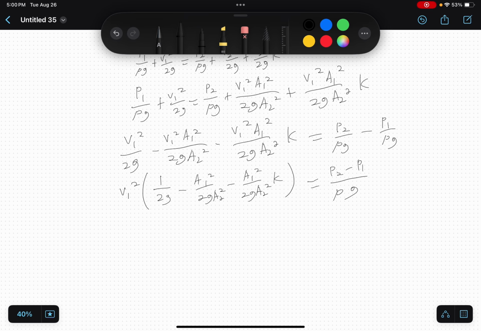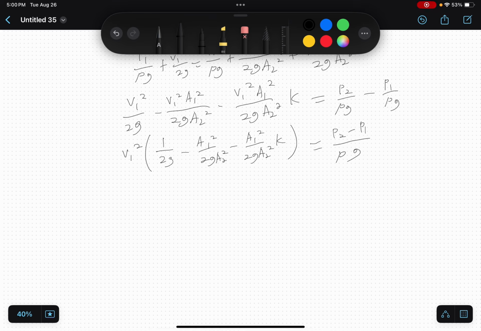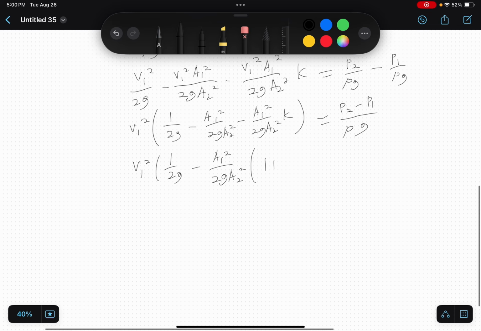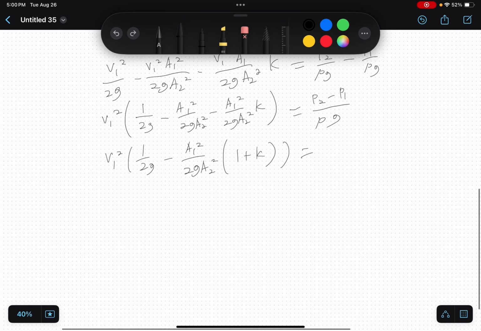Okay, now we can group these. Well, we can pull out the K. Well, we can pull out everything else except for the K. And I'm just going to say equals, and that assumes it equals the thing above it.